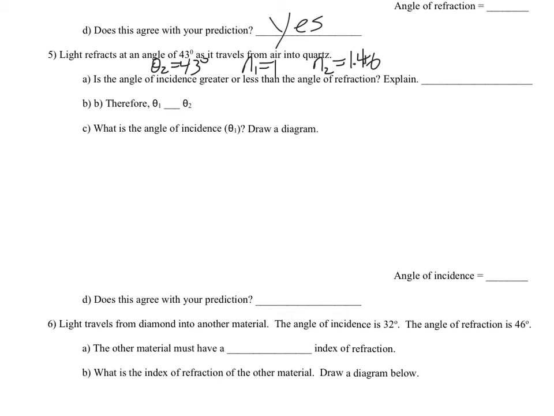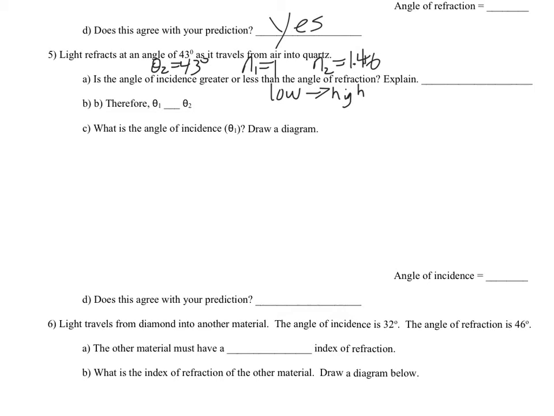Is the angle of incidence greater than or less than the angle of refraction? Explain. So let's see, this is a low to high problem. Again, why is it low to high? Because we're going from a low index of refraction, air, which is 1, to a high index of refraction, quartz, which is 1.46. So if we're going from low to high, we're going to bend toward the normal.